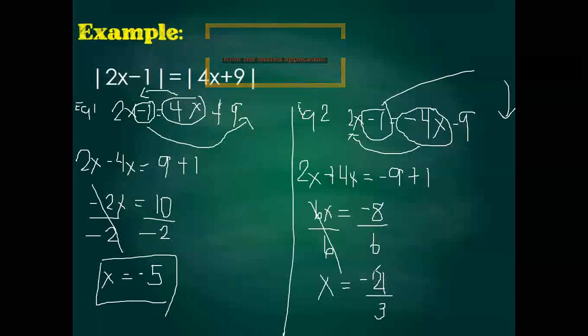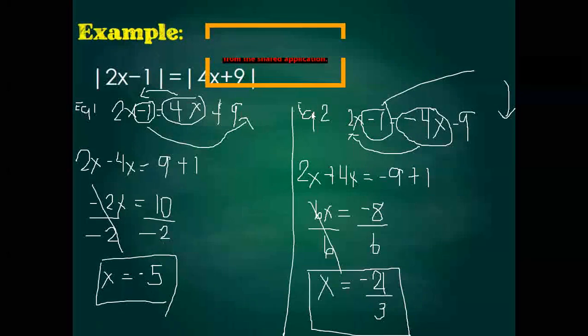Negative 4 over 3. Divide numerator and denominator by 2. Negative 8 divided by 2, negative 4. 6 divided by 2, positive 3. If you want to check it, just substitute the given value to your equation. Okay, last example.